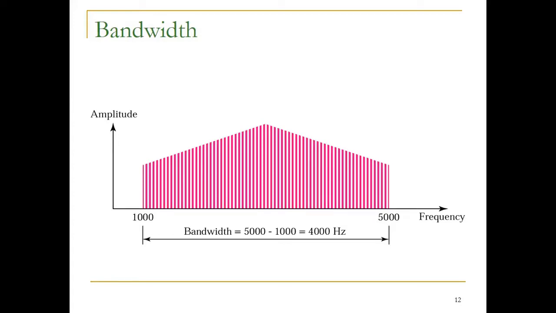Digital signal, on the other hand, in addition to being represented by an analog signal, information can be represented via digital forms.